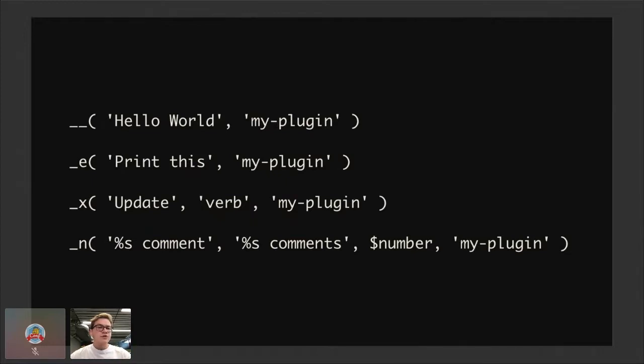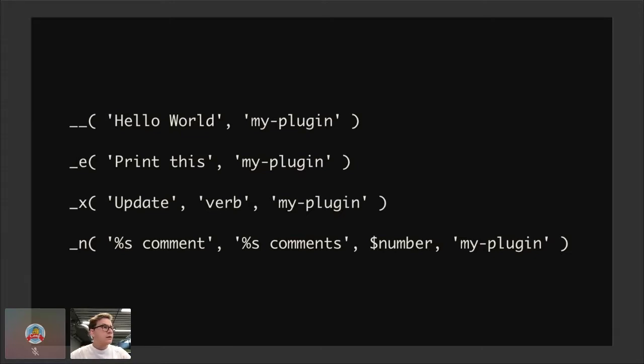And in order to not confuse translators, we can add a context so it's clear that this string is a verb or a noun. Of course, you can also use this in some other areas, for example, to say, hey, this string is used in this area of the plugin or of the block.